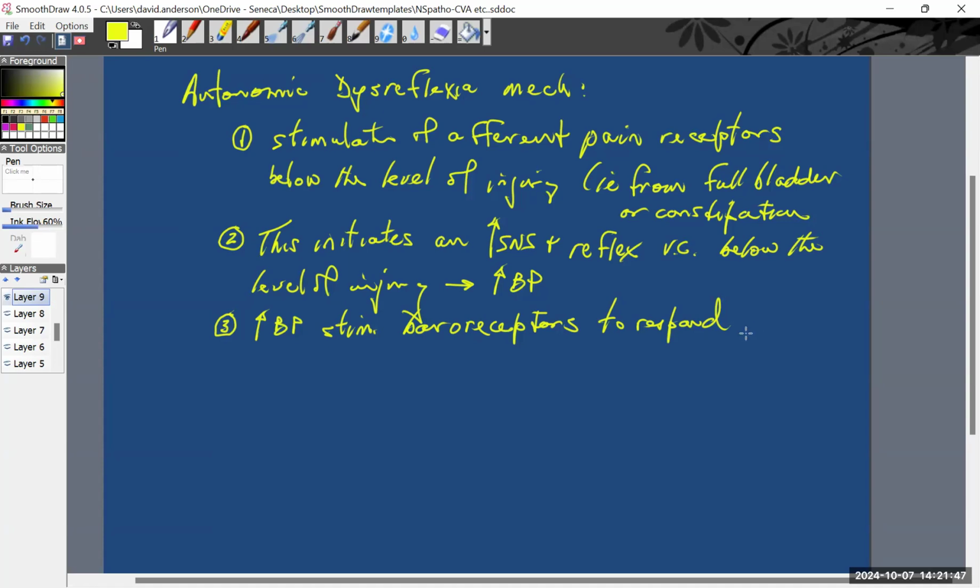So what's going to happen is we're going to get a decrease in heart rate, and we're going to get vasodilation of blood vessels above the site of injury.